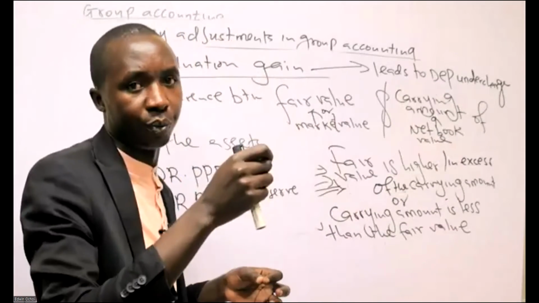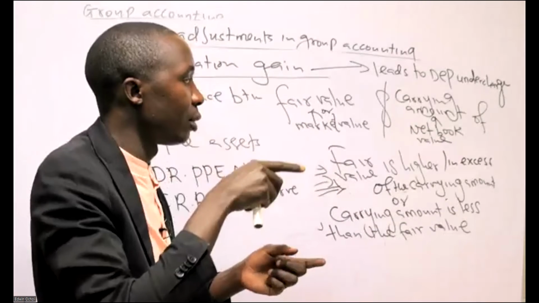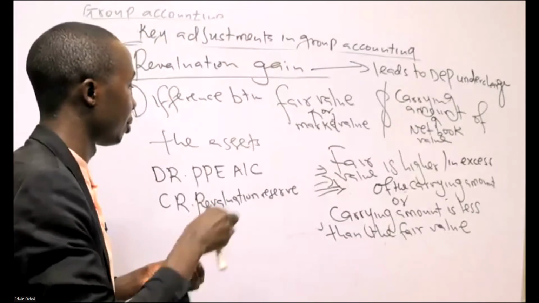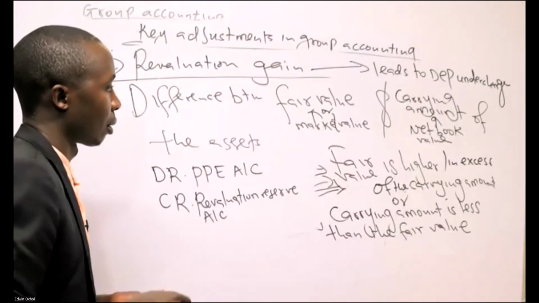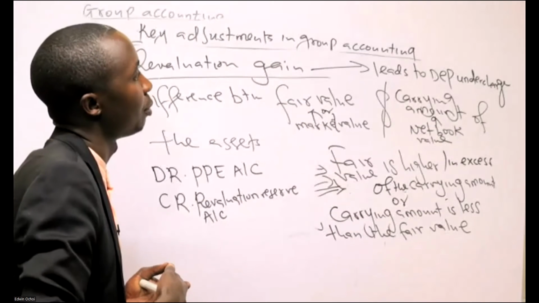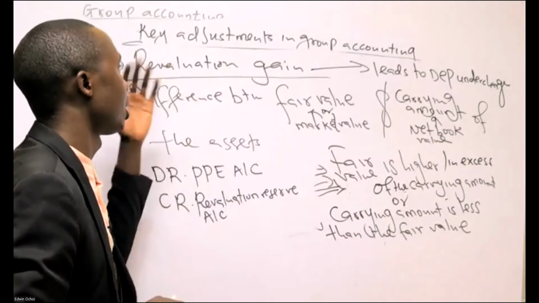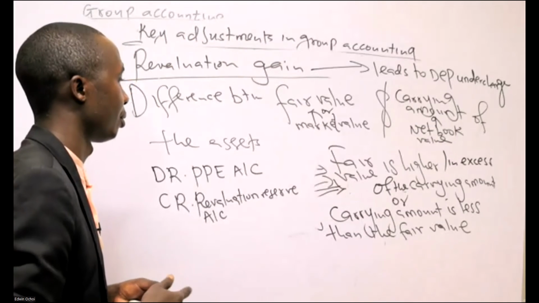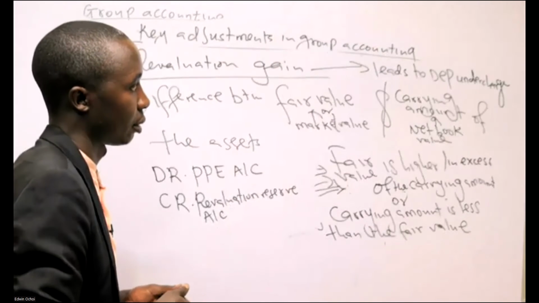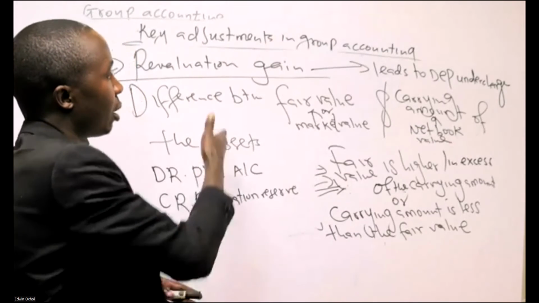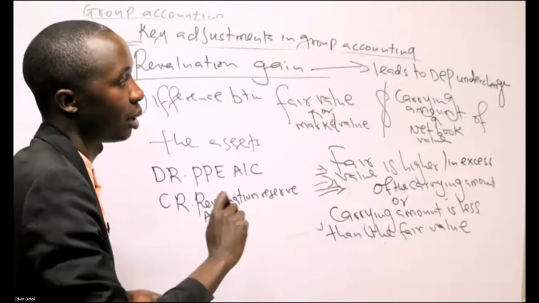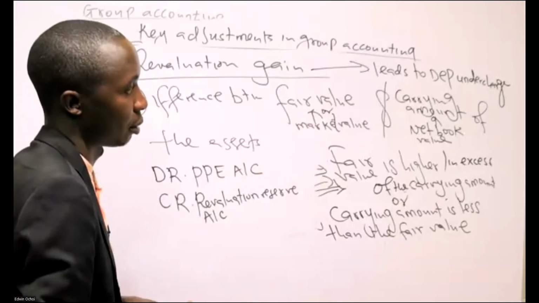So we need to know the depreciation inside that revaluation gain. How will you know the depreciation under charge? You take your revaluation gain and multiply with the depreciation rate, or you divide with the remaining economic life.